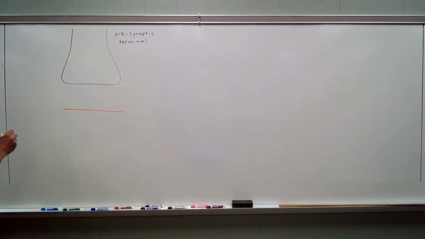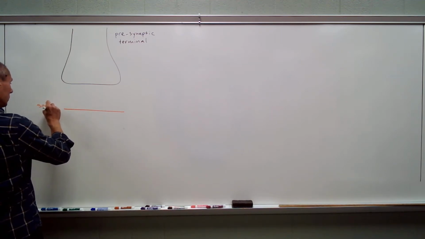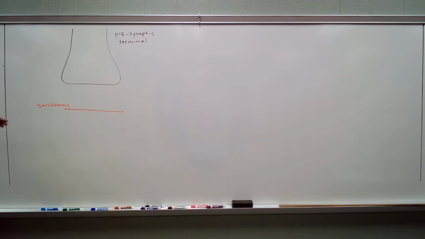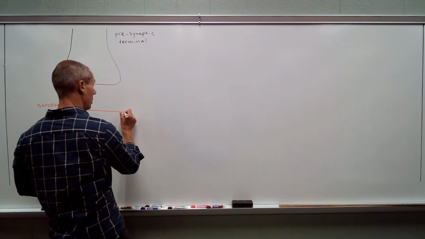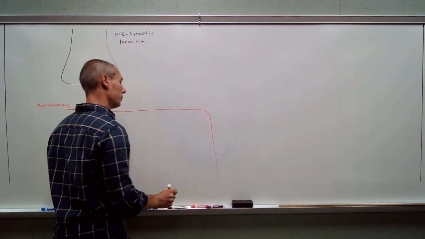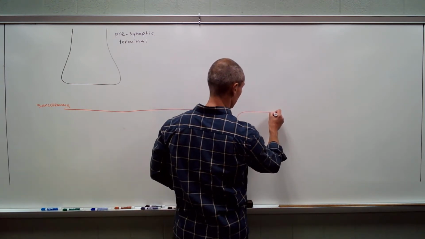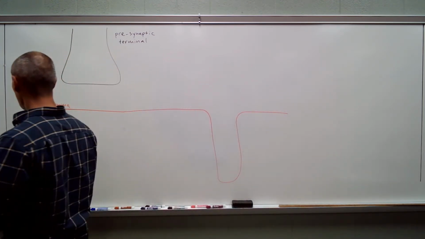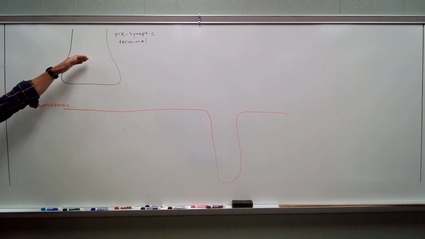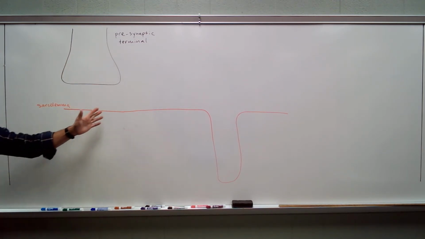Okay, so this is the sarcolemma. And this point of contact, let me just draw it a little bit farther because I will need some structures here. So this point of contact, that synapse between the motor neuron and a muscle fiber, because this is the cell.